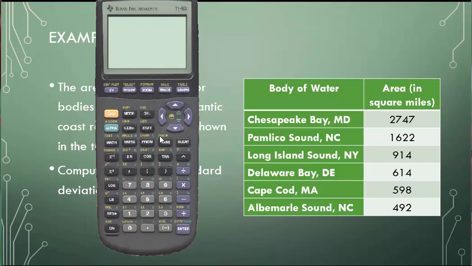We'll enter our data into the stat editor. So we'll hit the stat button and click on number 1 for edit. And if you already have data in there, you probably do, here's how you clear it out. Just hit the up arrow key to highlight L1, hit the clear button, and then hit enter. And that'll clear out the data for you. All right?